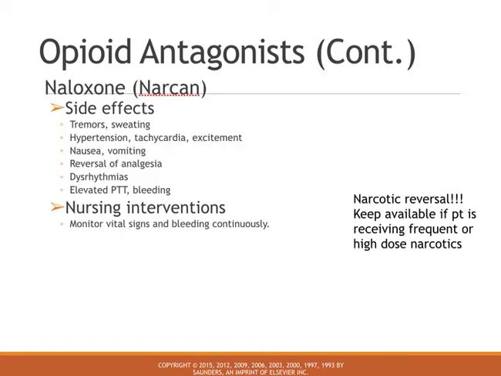And just a few words further on Narcan because it's so important for you to know this drug. It can be given IM or IV, and it is going to reverse that respiratory depression, but it does have some side effects. So you could see rebound hypertension, tachycardia, nausea, vomiting. But the good thing is your patient will be breathing again.